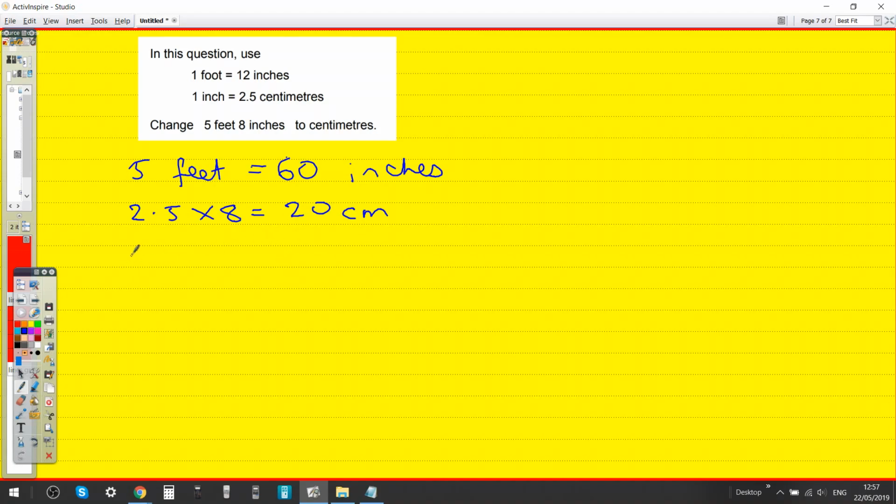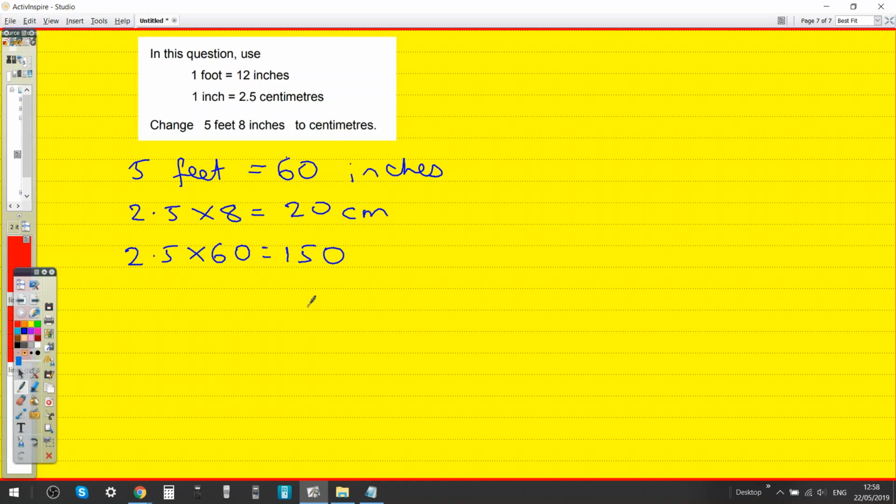So in that case, we've got 60 divided by 2.5. That would be to go from centimetres to inches. We're going from inches to centimetres. Alright, my bad, 2.5 times 60, which is 150.